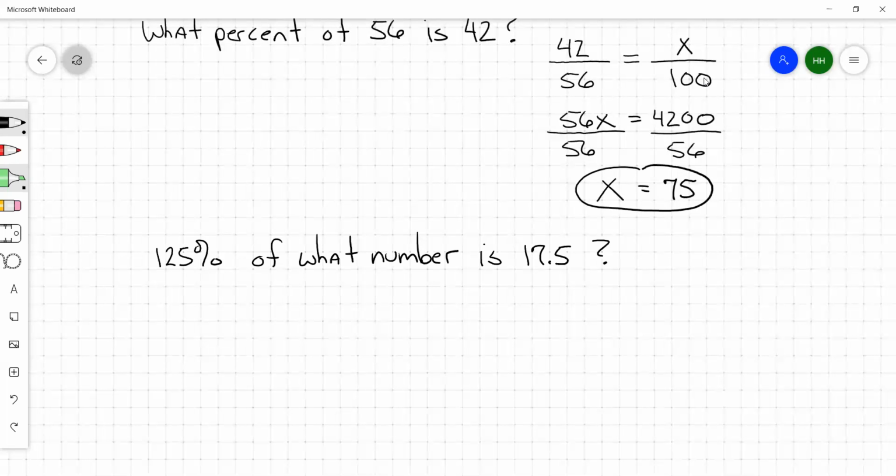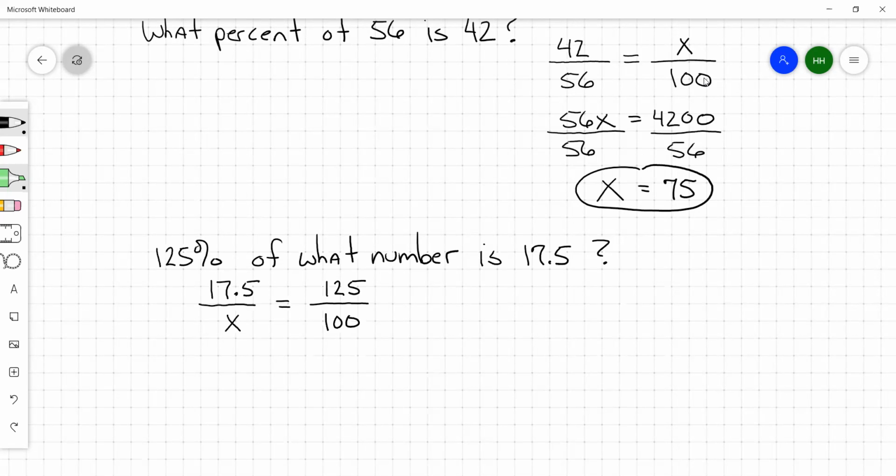Here's your template. The 125% is your percent, so it goes over the 100. 17.5 is your is. Of what number? If you find two of the three variables, the third is what you're trying to find.